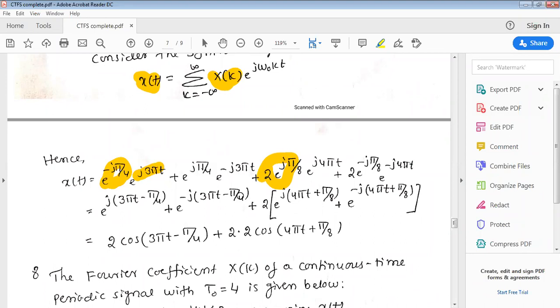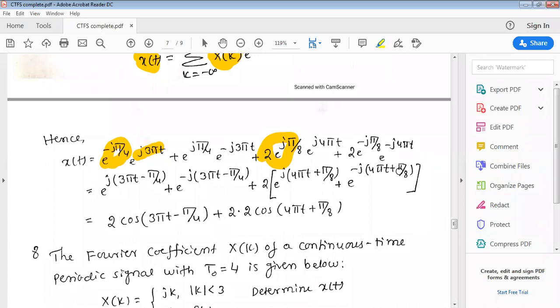Similarly, for this one, 2 is constant, e power j (4 pi t plus pi by 8), plus e power minus j (4 pi t plus pi by 8). Are you able to follow this one? So I grouped the like terms so that I can solve the problem in an easier way. Have you followed from this step to this step?